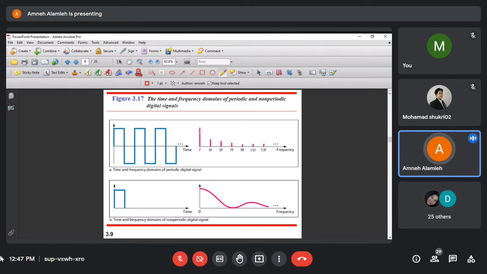The frequencies are F, 3F, 5F, many levels of frequency until infinity. For the non-periodic, and most digital signals, as I said, are non-periodic, the time and frequency domains can be represented in the frequency domain like this shape.